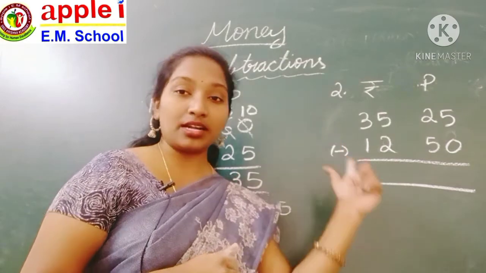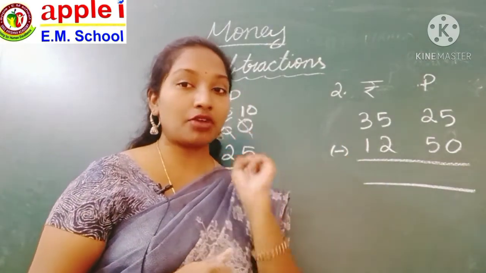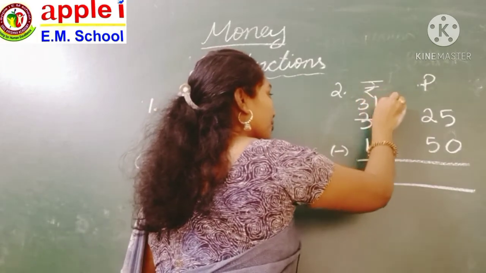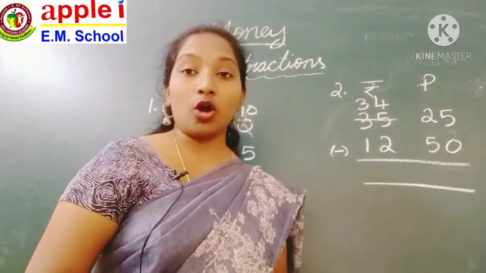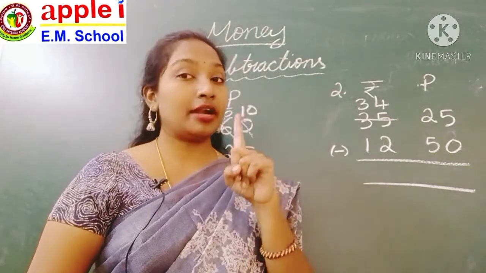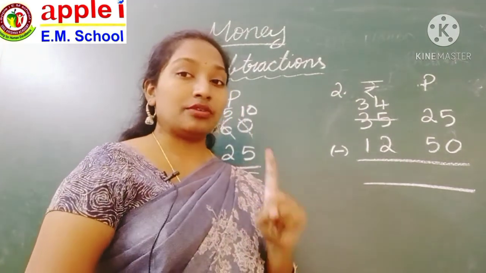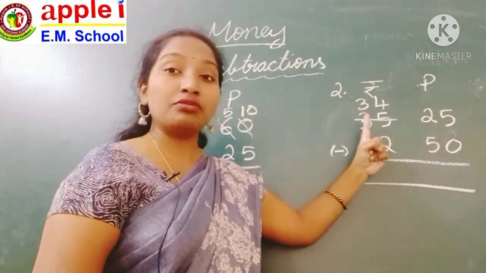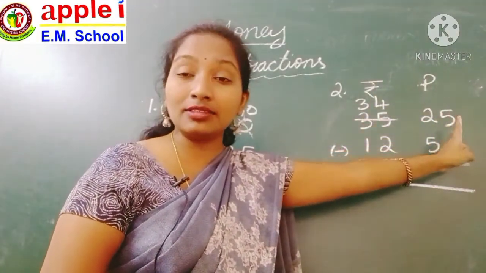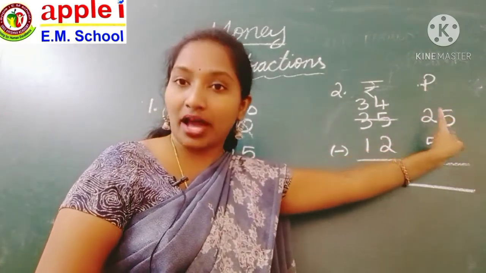Understood? From 35 rupees, I am taking 1 rupee. So it will become 34 rupees. And we have already learned 1 rupee is equal to 100 pies. So if the 1 is on the rupees side, we read it as 1 rupee. If the 1 rupee goes to pies, it becomes 100 pies.